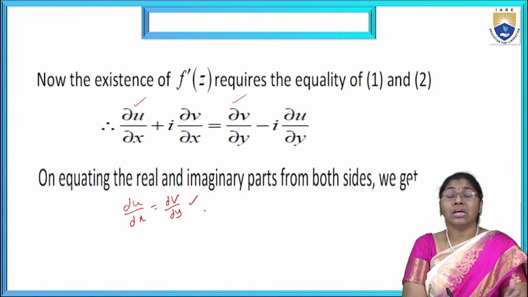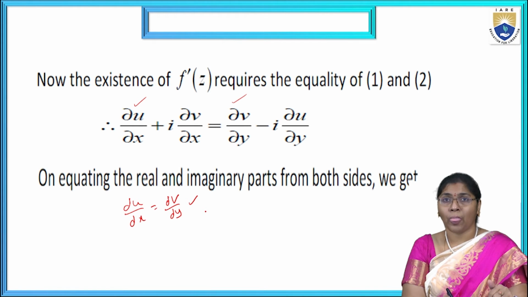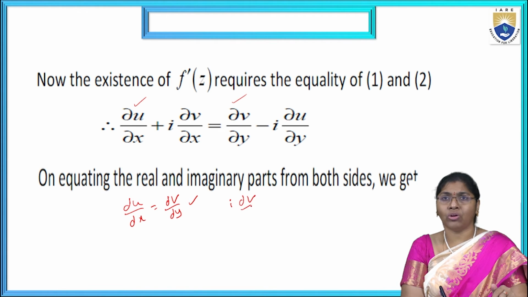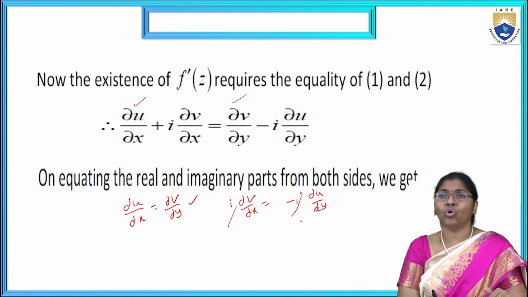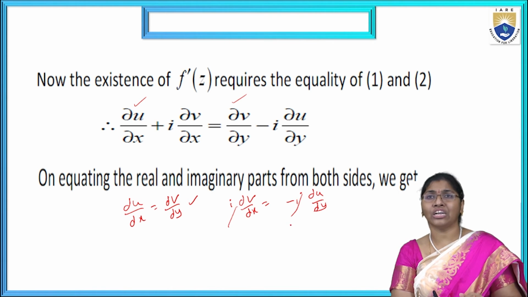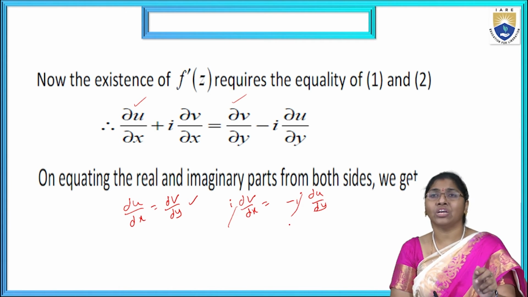That is the first condition of the CR equation. Another condition is i into dou v by dou x equal to minus i into dou u by dou y. Now i gets cancelled. We get only dou v by dou x equal to minus dou u by dou y. This is the second condition of the CR equation.